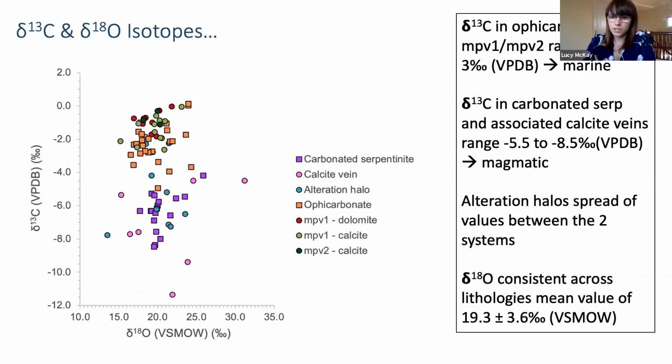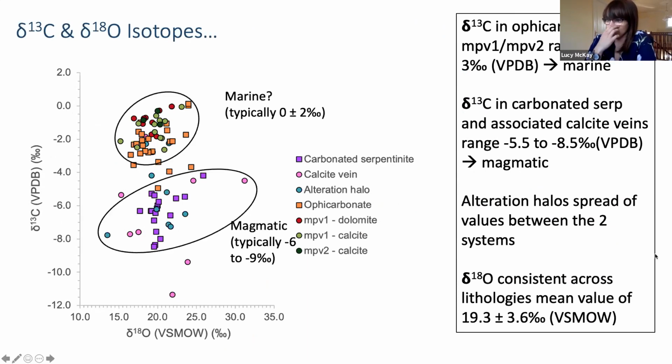In order to constrain the isotopic composition and the fluid sources from which the carbonate in the ophiolite units formed, we carried out delta 13C and delta 18O isotope analysis. The results showed that the first unit, the carbonated serpentinite, shown as these purple dots, is typical of a magmatic signature, and the ophicarbonate, which was the unit with the veins, is typical of a marine signature.